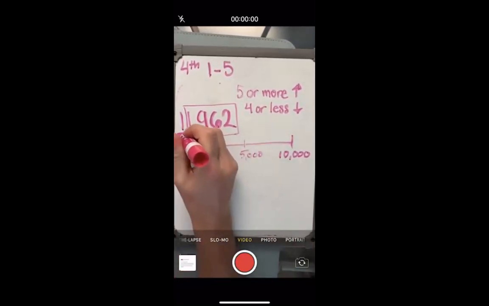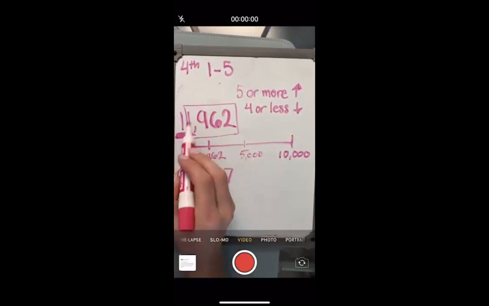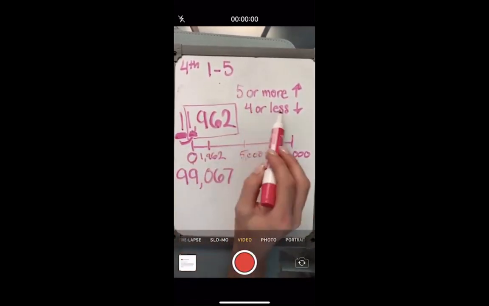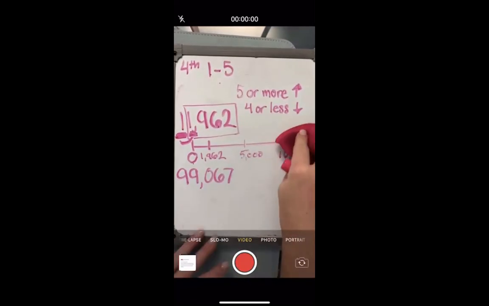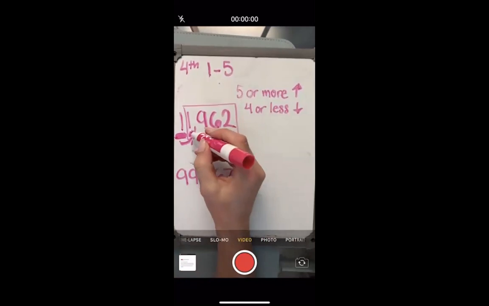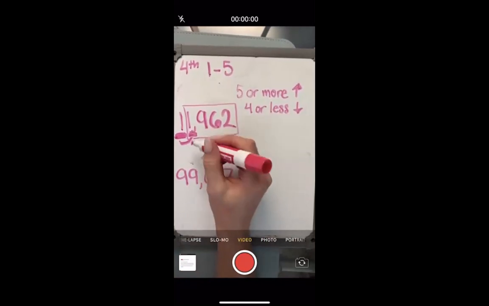Or what you can do is you go to your 10,000s place and look to your right. I know that it's 4 or less, so I'm going to round down. I'm going to get rid of your little number line here. So this would actually become a 0.